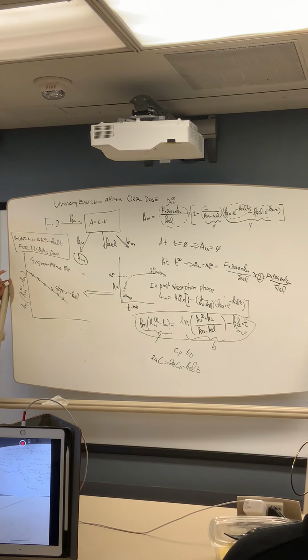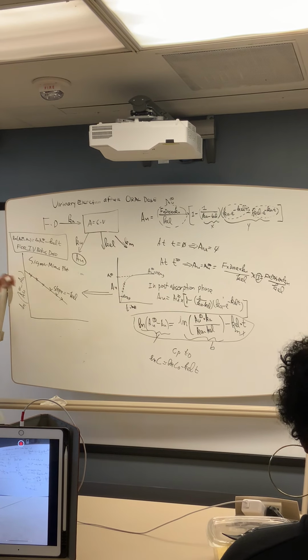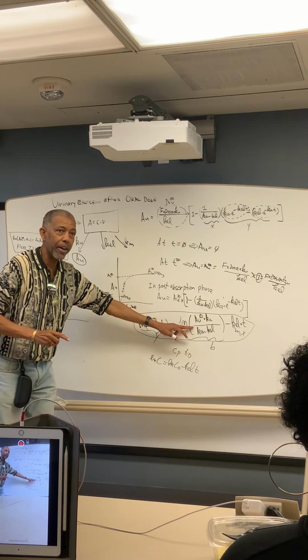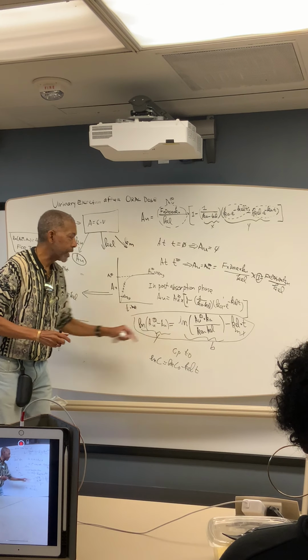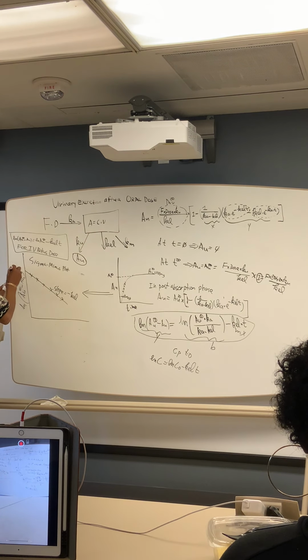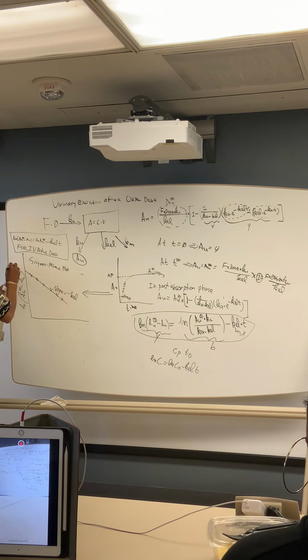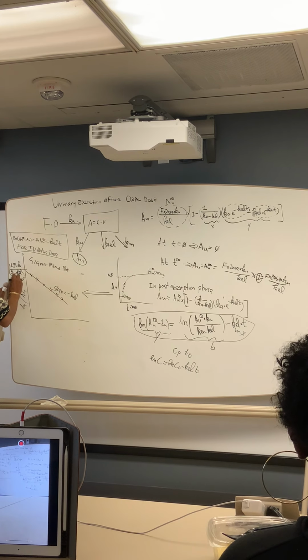This is not AU infinity. Look at the equation. So for this graph after the oral dose, the intercept is going to be AU infinity times KA over KA minus KEL. I'm telling you already, just as sure as I stand here, that's the y-intercept right there.